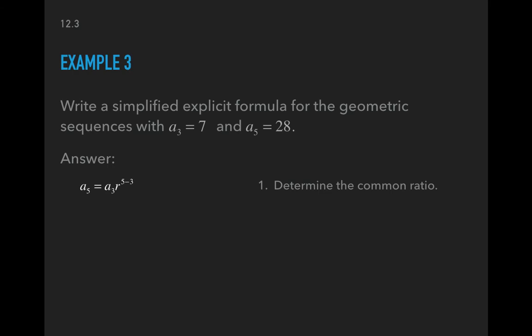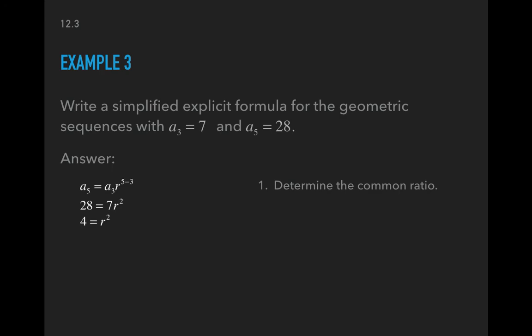So that's a sub 5 is equal to a sub 3 times r to the 5 minus 3. That would be 28, when I substitute in, equals 7r squared, because 5 minus 3 is 2. Divide each side by 7, and that gives you 4 equals r squared.